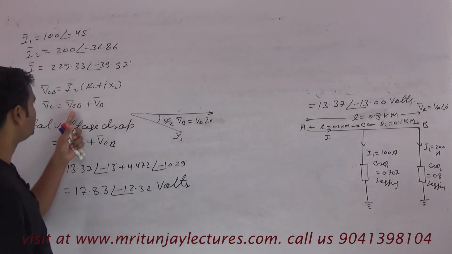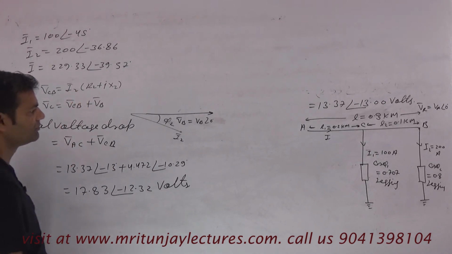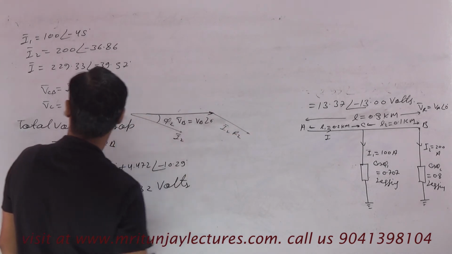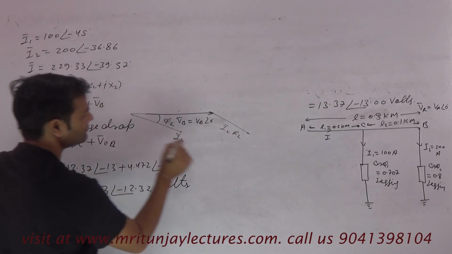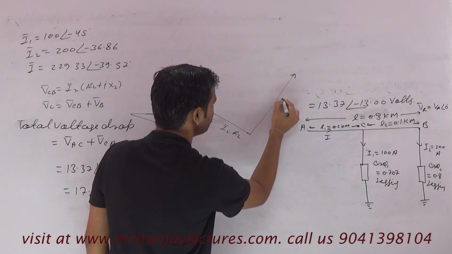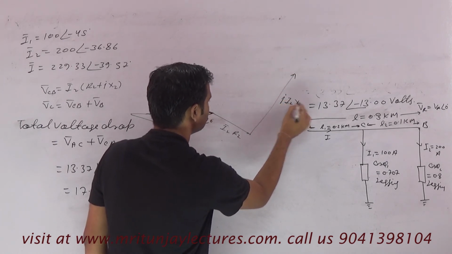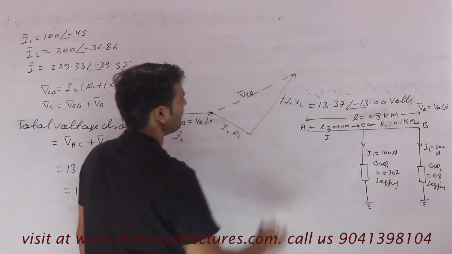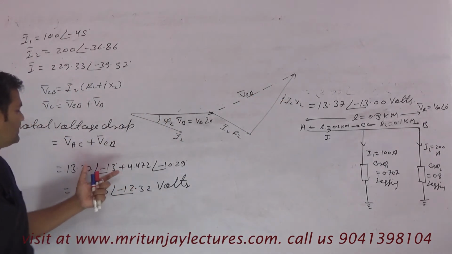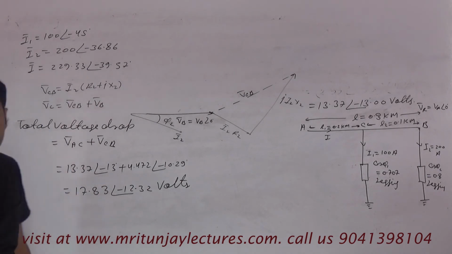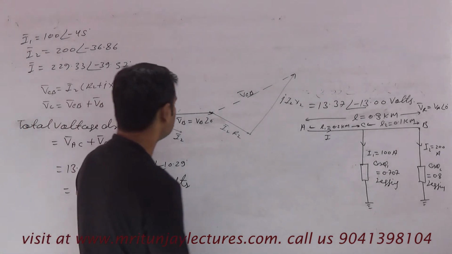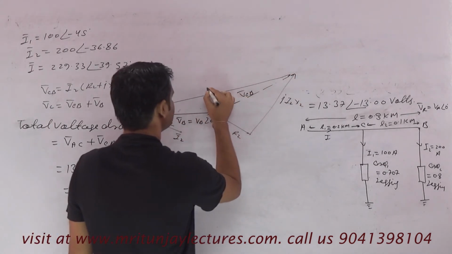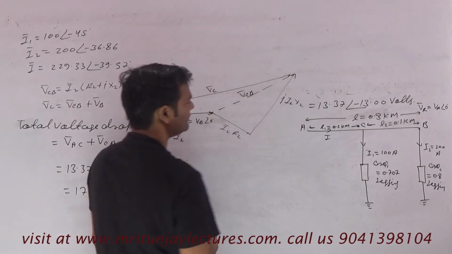Okay, VCB, I2 into R2 like this one, that is I2 R2 and I2 into JX2, okay, and this voltage, that is VCB, and this voltage is like this one. Okay, clear how to make. Now after that, this voltage, that is VC.